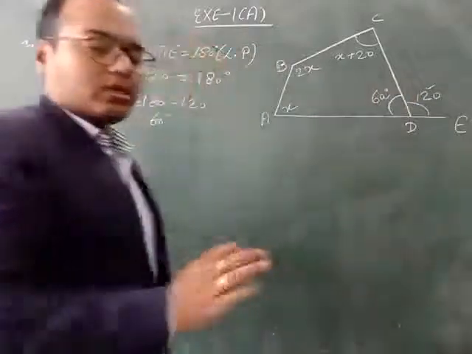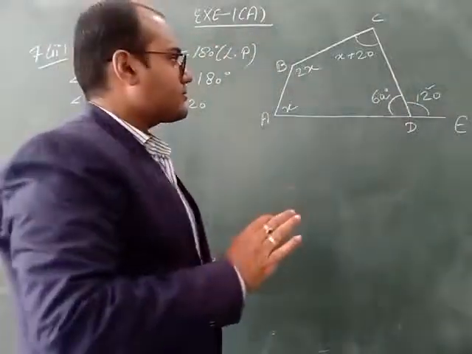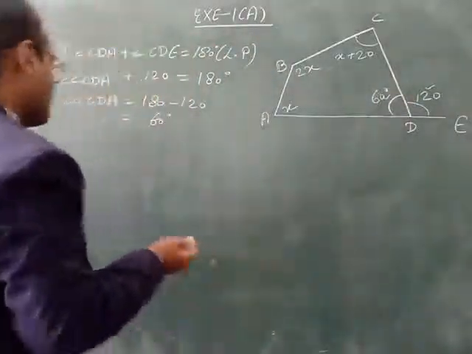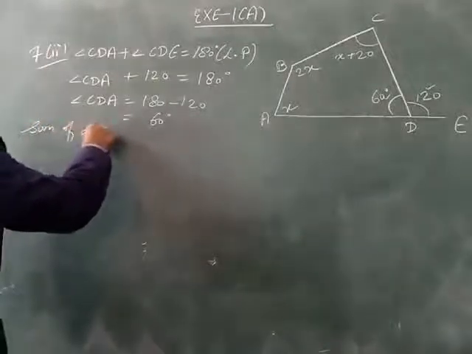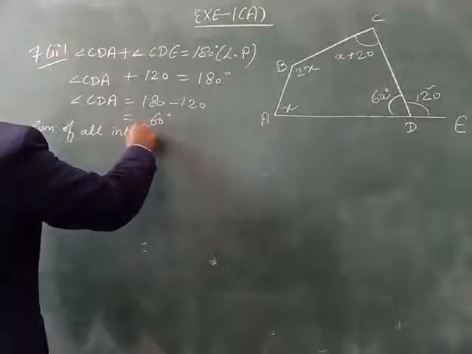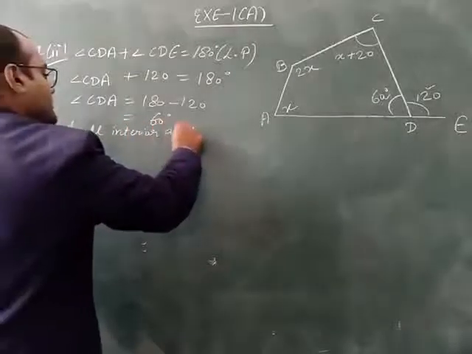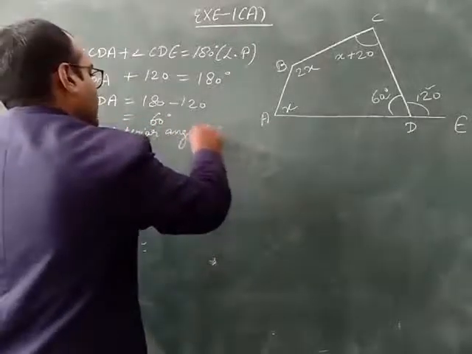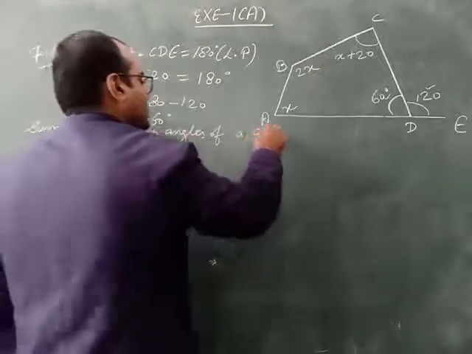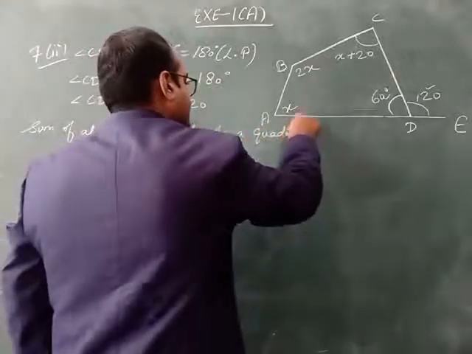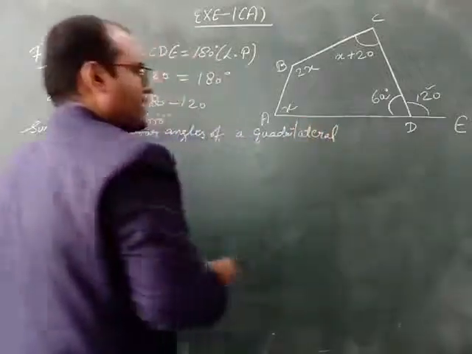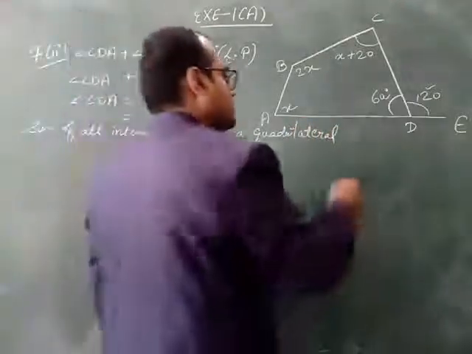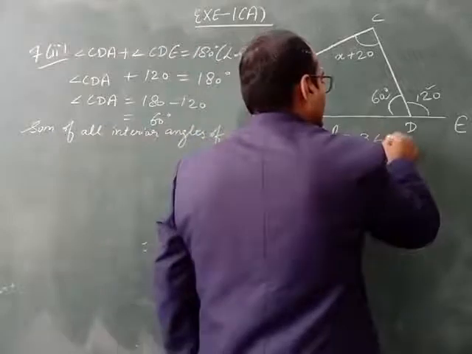Now we have all the four interior angles. Here we again use the same property: the sum of all interior angles of a quadrilateral is 360 degree.